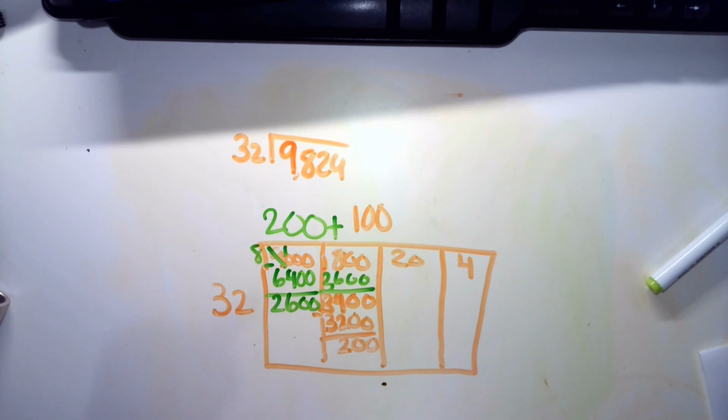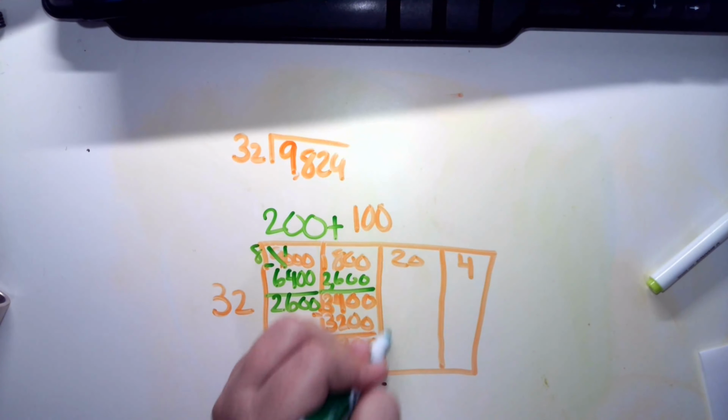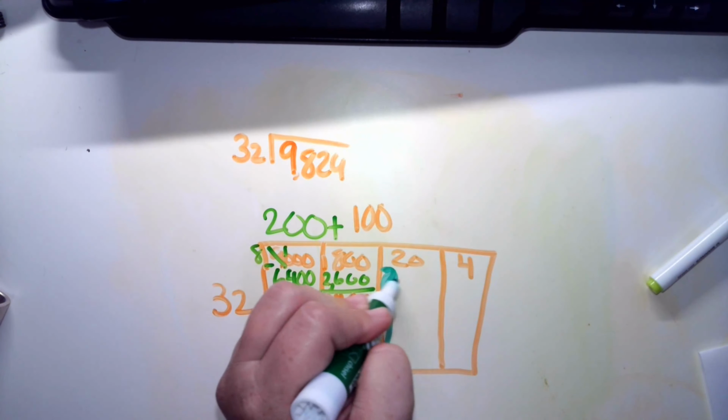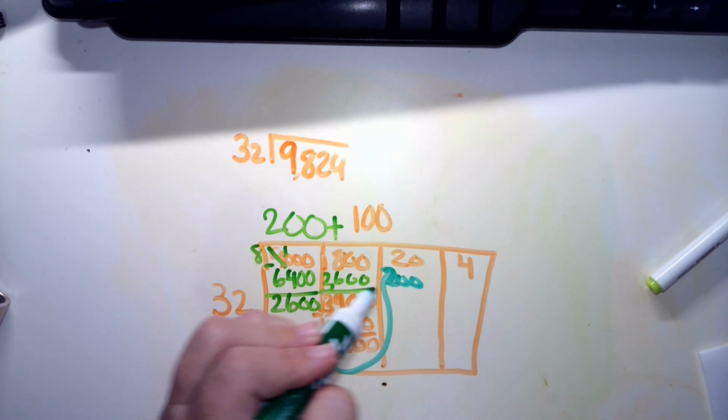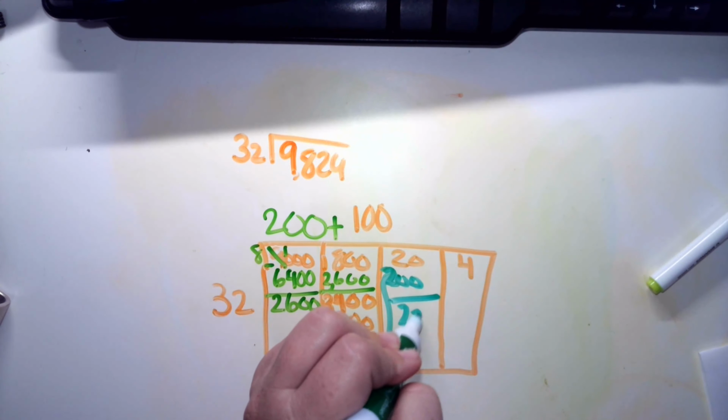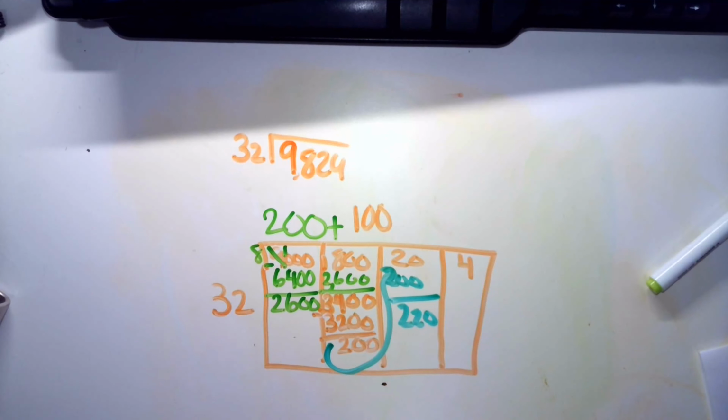And just like I did the last time, I'm going to take this 200, I'm going to move it back up, and I'm going to add it to my 20, making my new number 220. Okay? So now I'm going to use 32, and I know that it can't go into 2, it can't go into 22, so now I'm going to have to figure out how many times that 32 goes into 220.